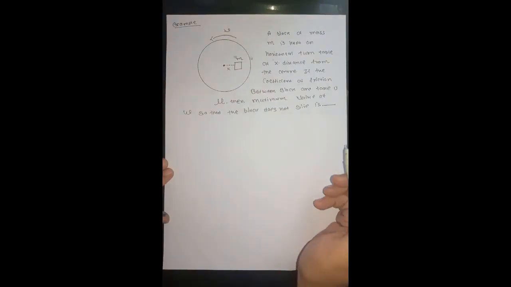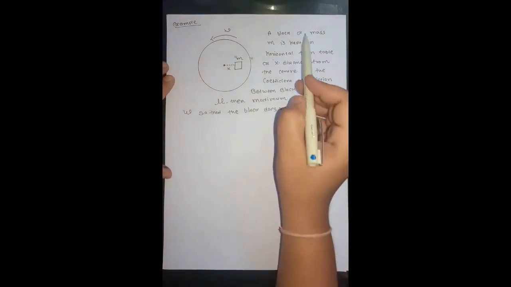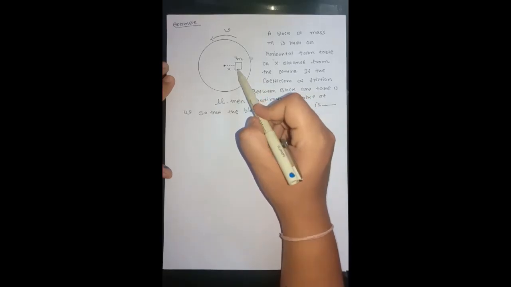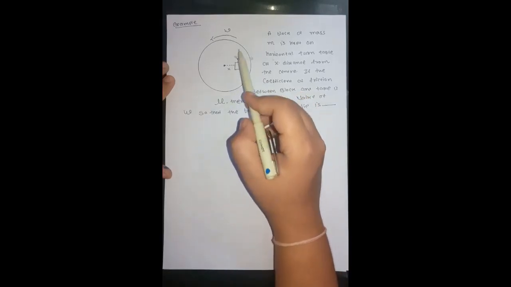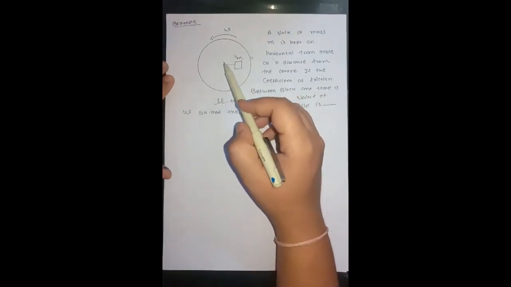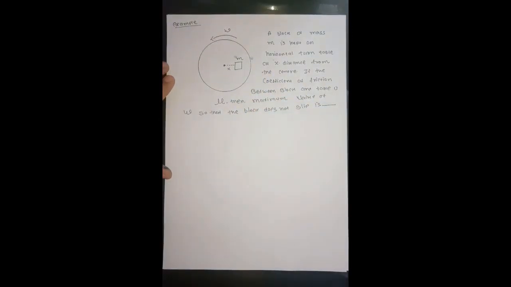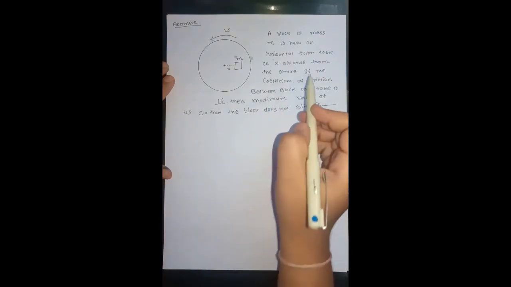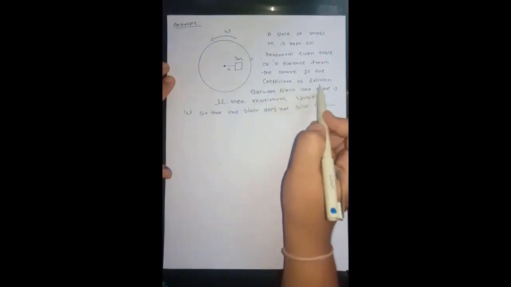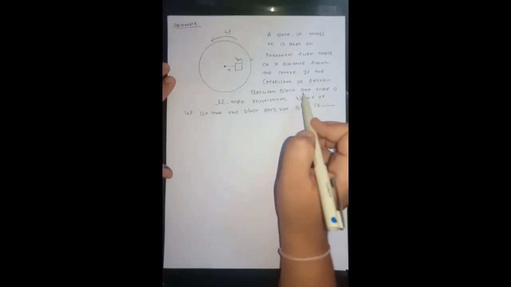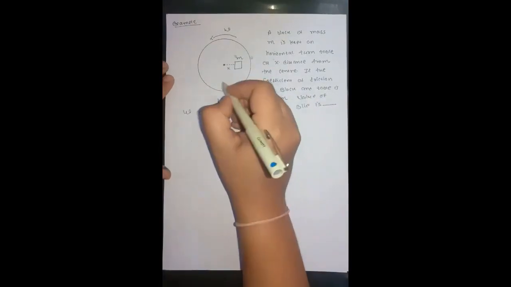Now let us see example based on circular motion. In this situation, a block of mass m is kept on a horizontal turntable at distance x from the center. The coefficient of friction between block and table is given mu.